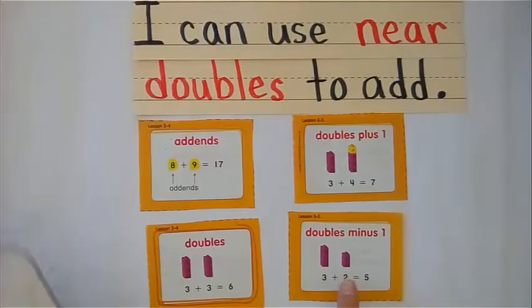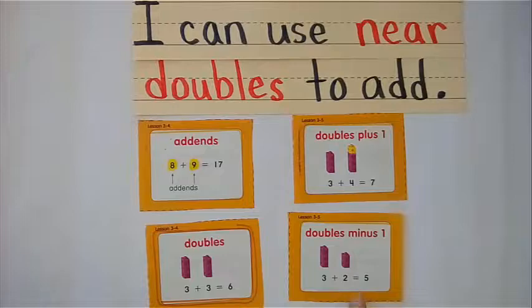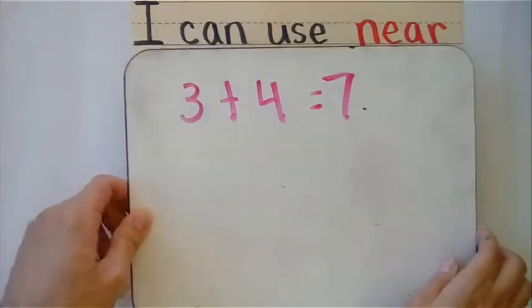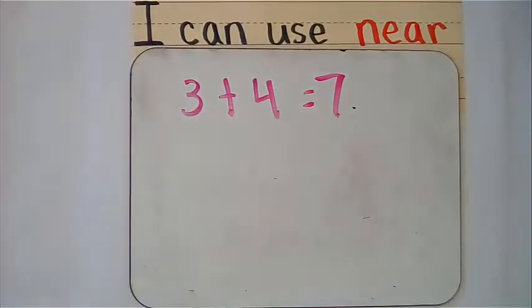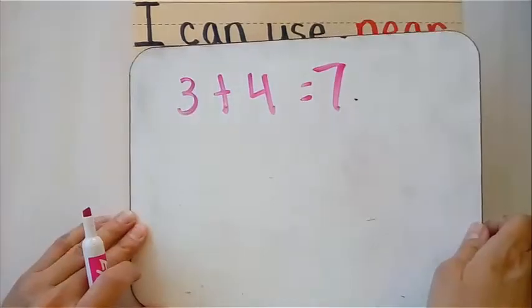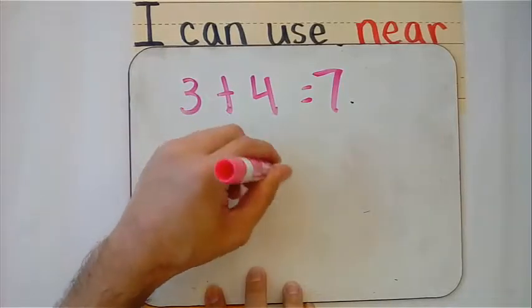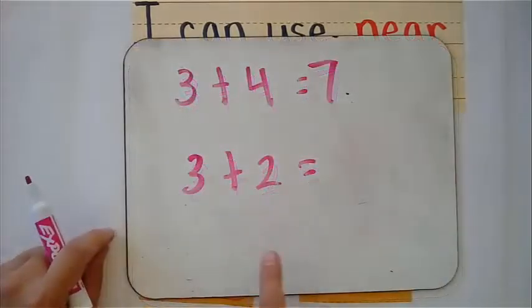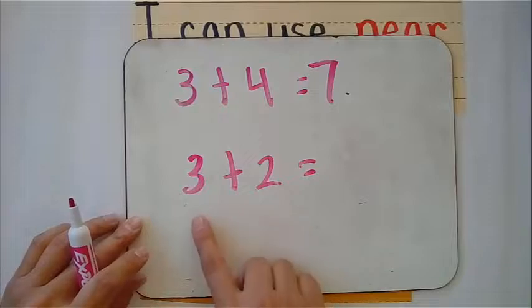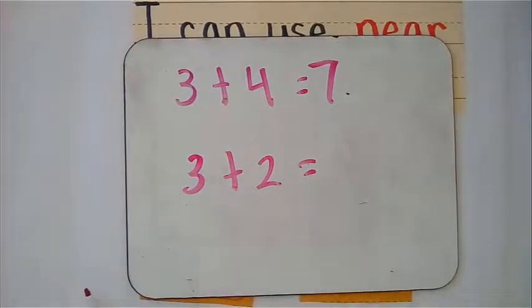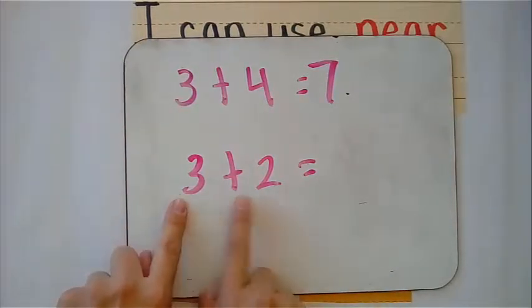Now, there's also doubles minus 1. So that's kind of like the same strategy. If I have the sentence 3 plus 2, I know that I have 3 and 2, so I could make these into doubles.